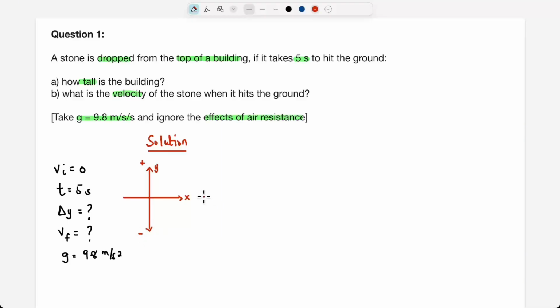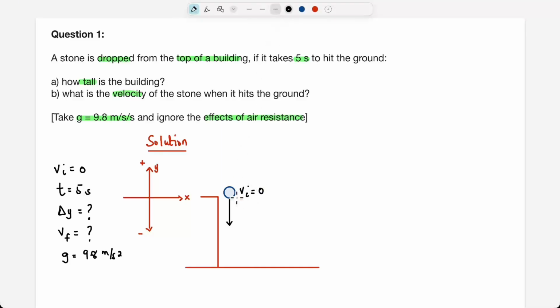Now we can set our building somewhere here, and then the floor of the building is going to be here. If this stone is dropped from the top of the building, we know that this stone is going to fall freely and vertically downwards. So the initial speed, which we already know, is 0 because the stone is dropped.